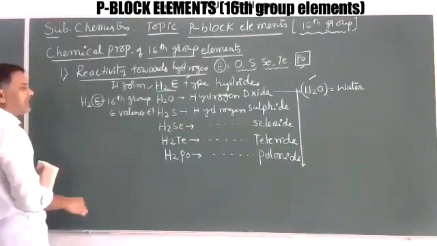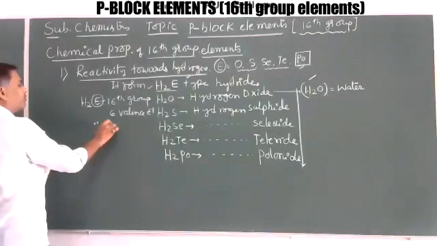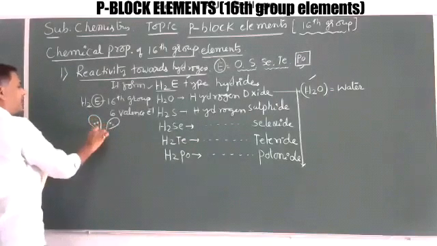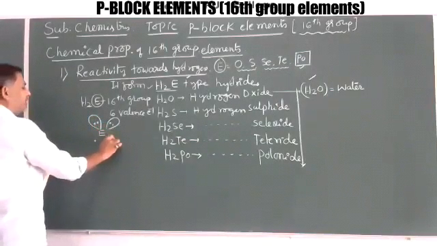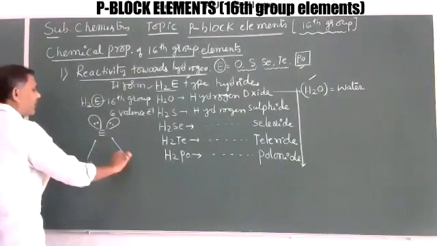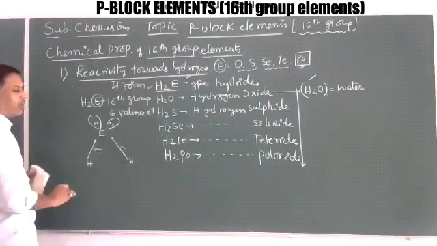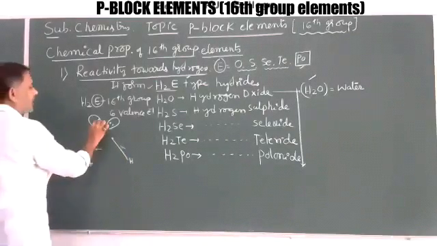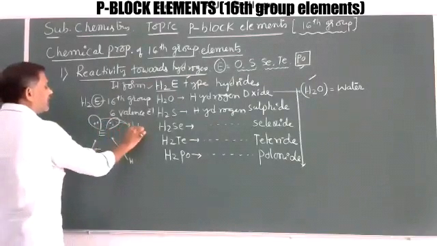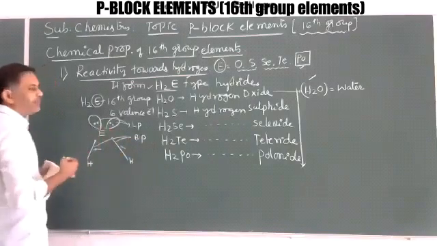Among the 6 valence electrons on the central element E, 2 are lone pairs and the remaining 2 are unpaired. These unpaired electrons bond covalently with hydrogen. Here 2 sigma covalent bonds are present, and 2 lone pairs, LP. These 2 are the bond pairs, BP.